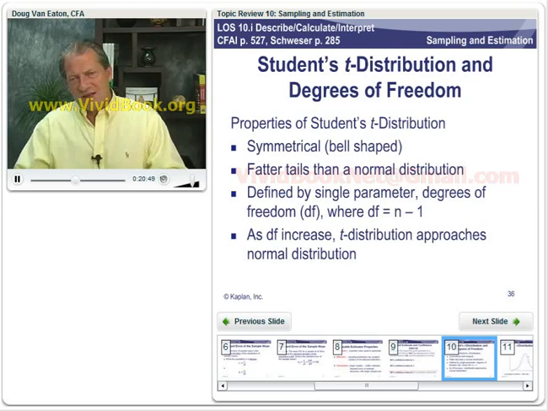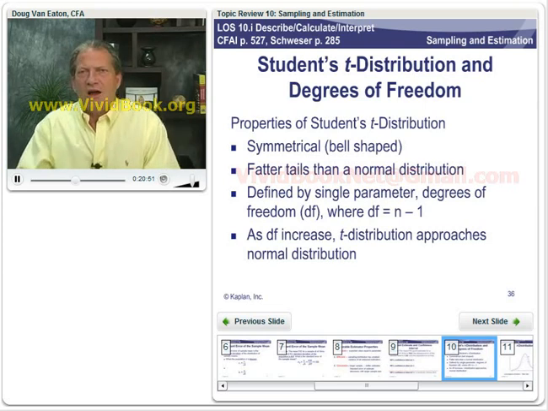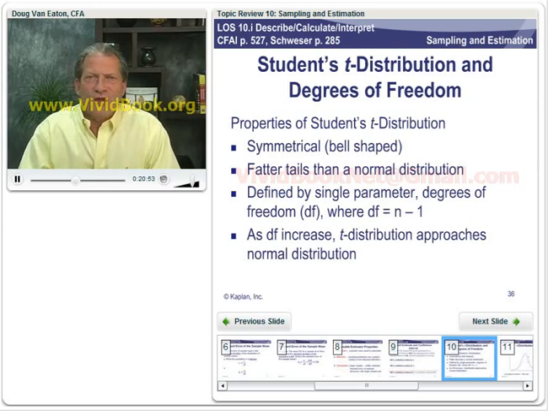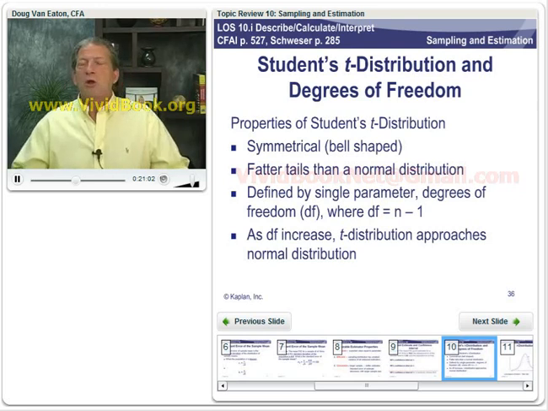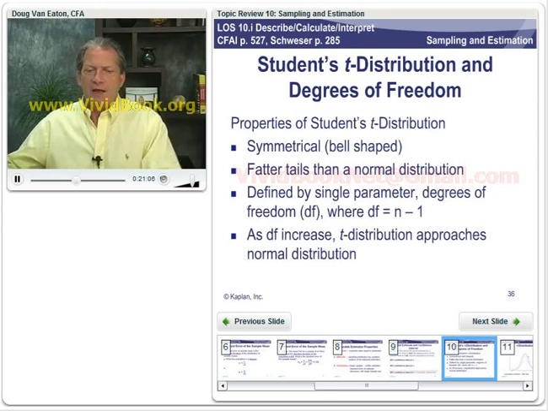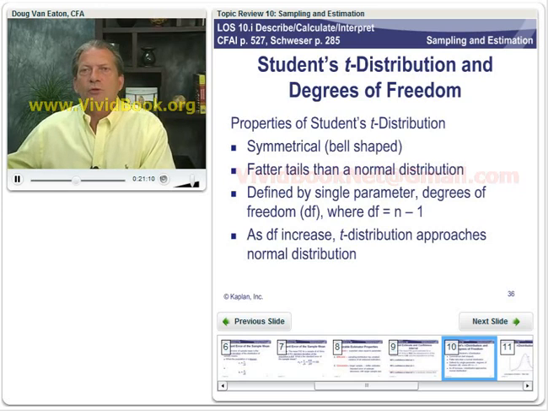But by the time we get up to n equals 150, 200, it's about indistinguishable from a normal distribution. So, lower sample size, fatter tails. And we'll take a look at when we have to use the t-distribution versus the normal distribution.